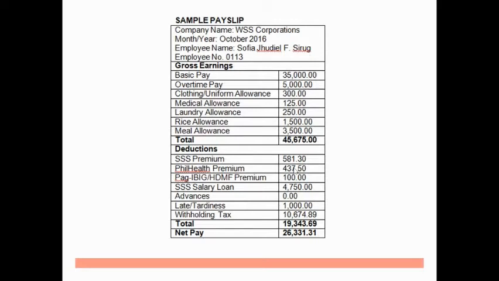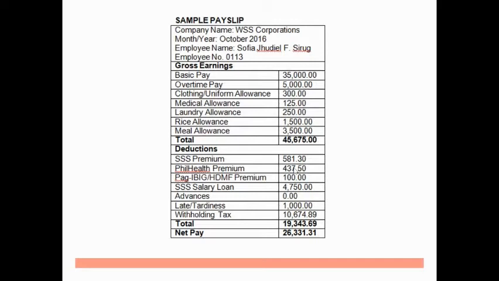And these are her deductions. We have SSS premium, that is 581 and 30 cents. PhilHealth premium, 437 and 50 cents. Pag-ibig or HDMF premium, that is 100 pesos. SSS salary loan, 4,750 pesos. Zero for advances. 1,000 for the late or tardiness.